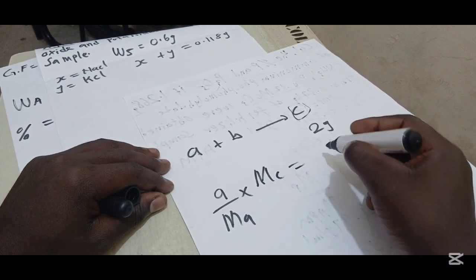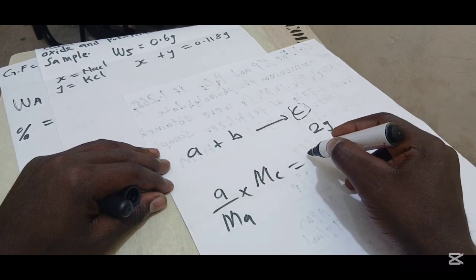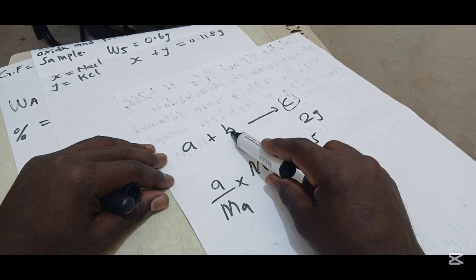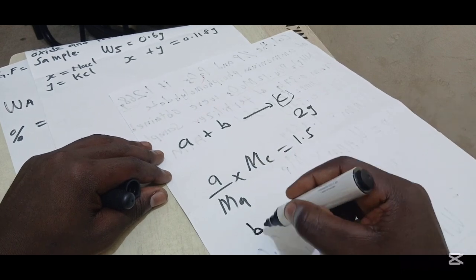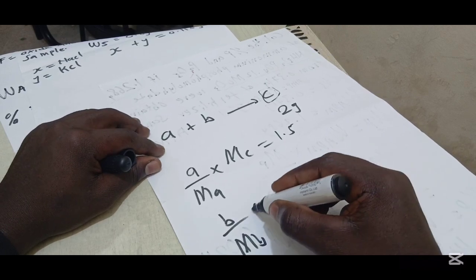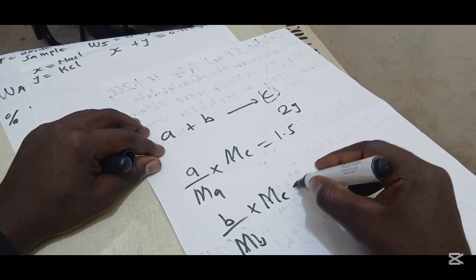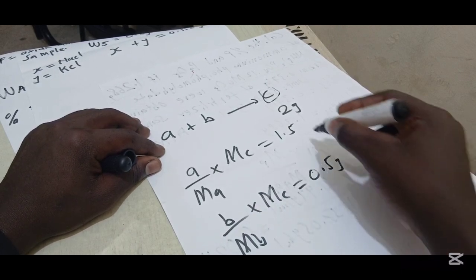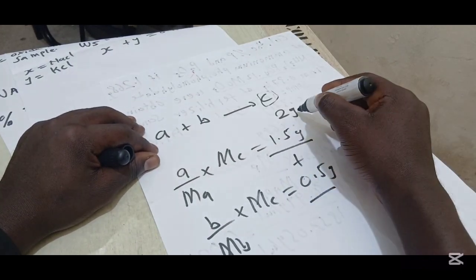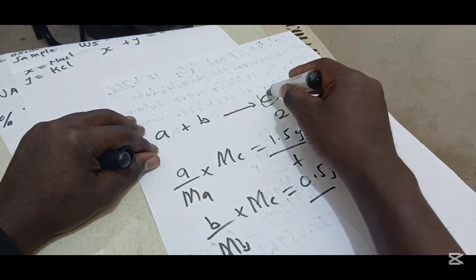It will give me a certain mass, let's say 1.5. And I can also get the mass for B by saying mass of B over molar mass of B, multiplied by the molar mass of our product, to give me something like 0.5 grams. So at the end of the day, if I add this and this, I should be getting my 2 grams, which is the mass of the product.